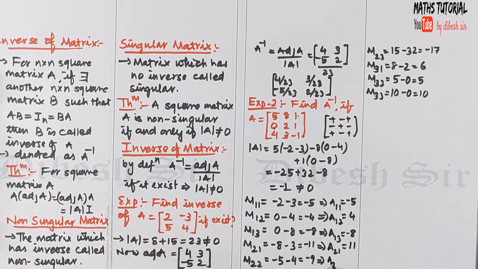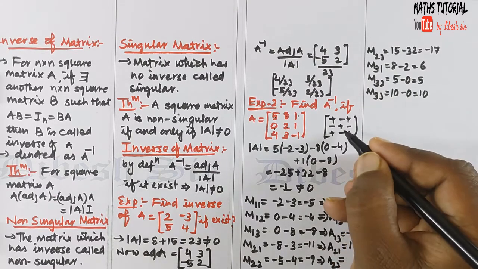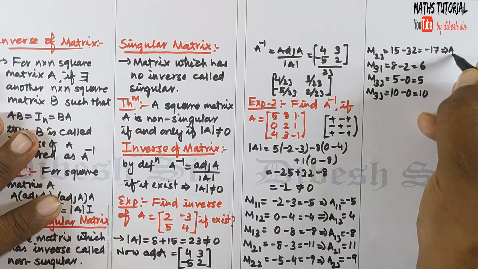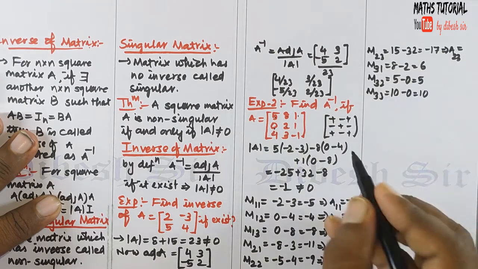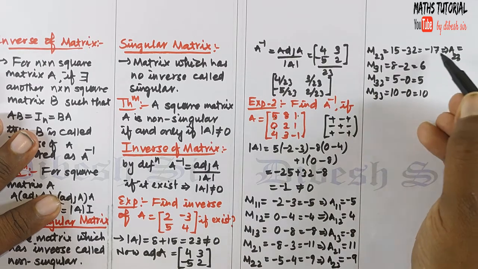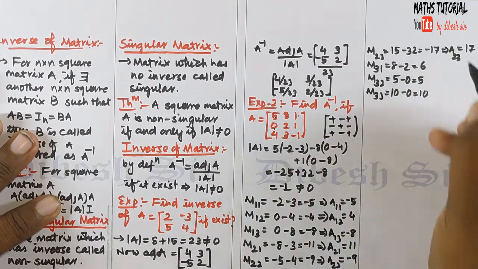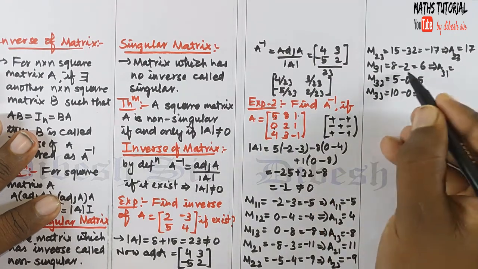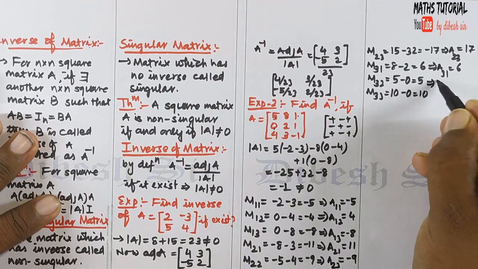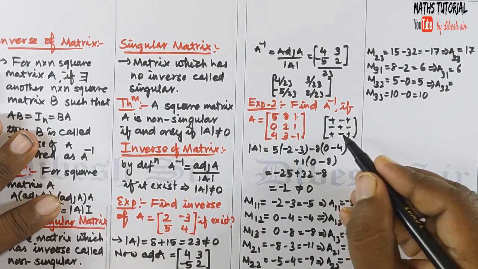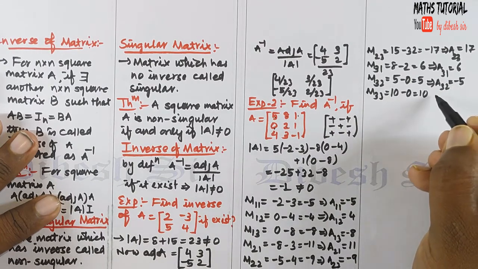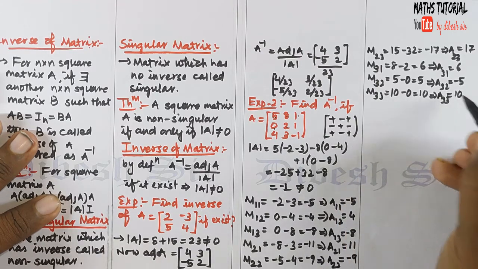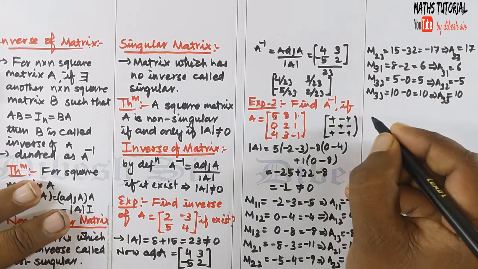Next A22, plus, minus, minus 9. Next A23, minus, minus, that is 17. Next A31, plus 6. A32, minus 5. A33, plus 10.